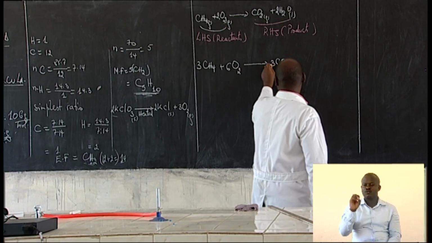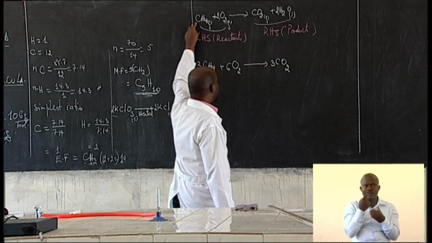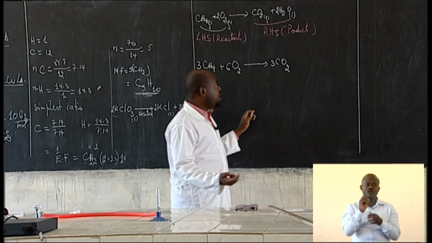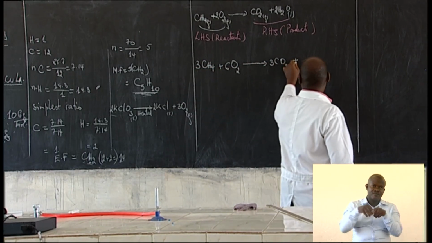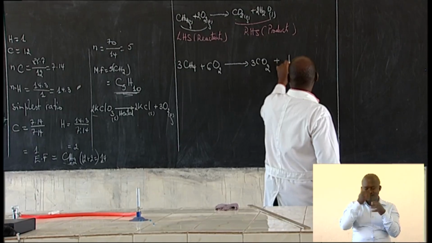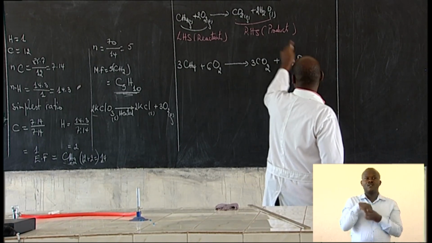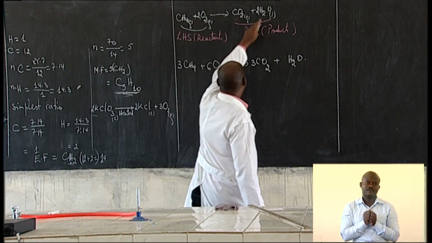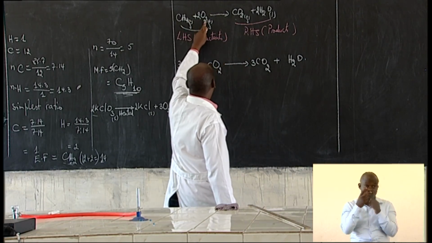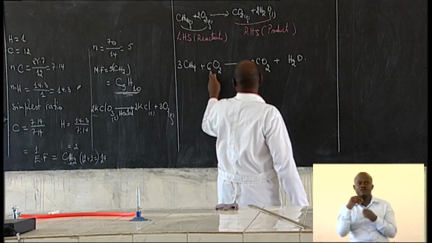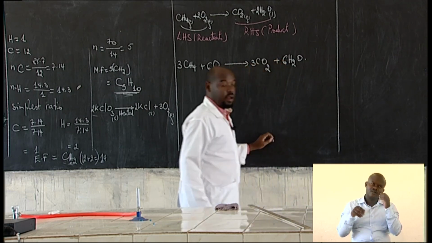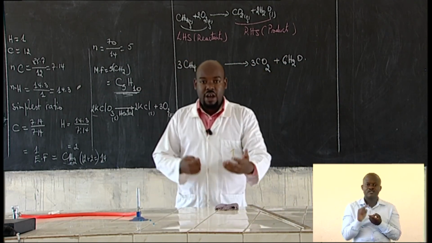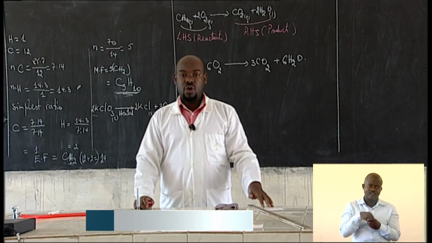We produce 3, because 1 mole of methane gas produces 1 mole of carbon dioxide. And in the same way, we can determine the number of moles of water that will be produced. 2 moles of oxygen produces 2, so 6 will produce 6. This is how we deduce what we have in a balanced chemical equation.